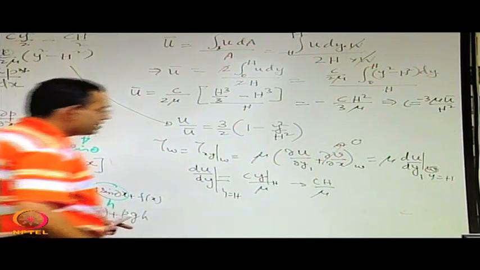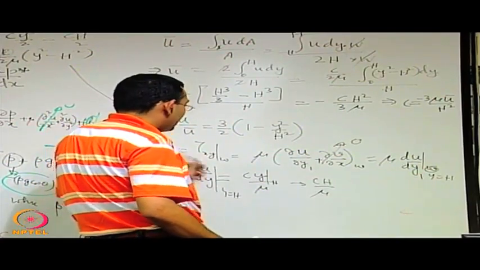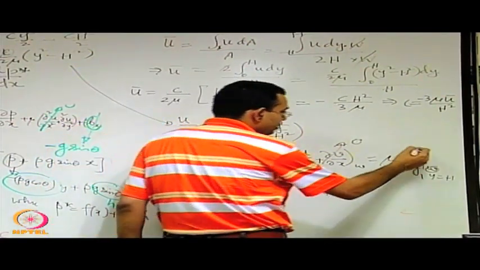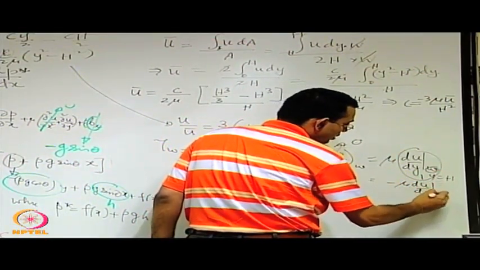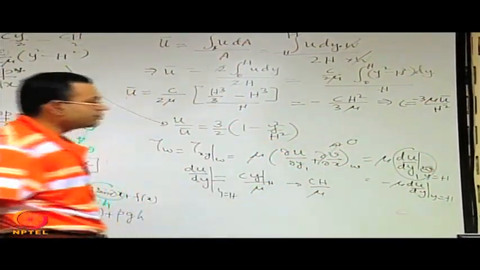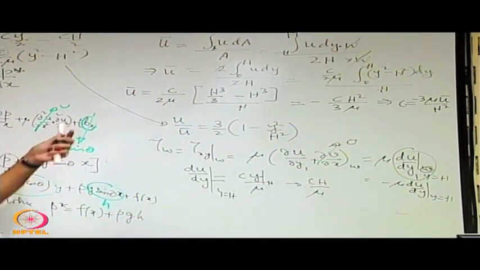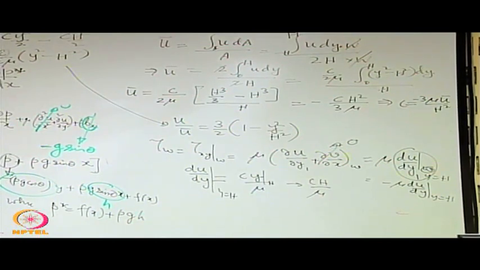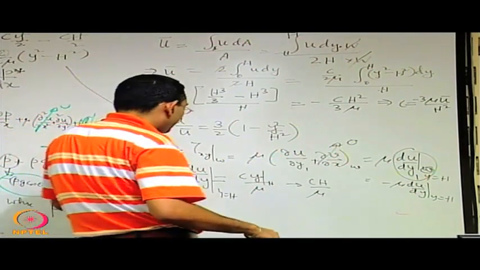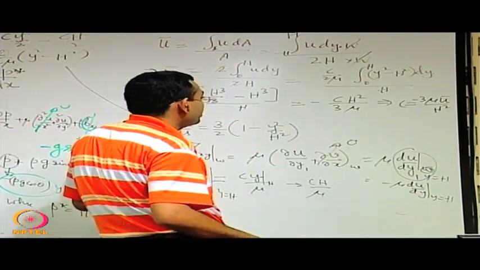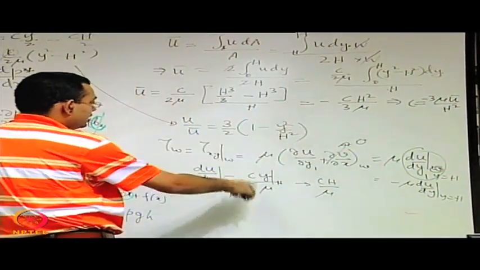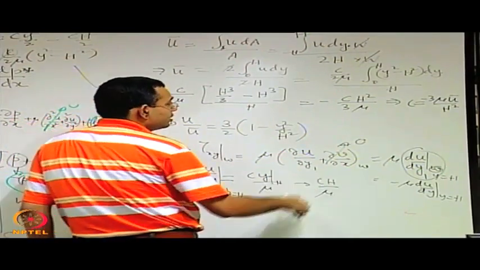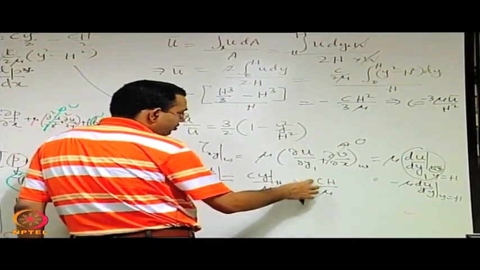So when you write this, it may be written in terms of minus mu du dy at y equal to h, though it is mu du dy1 at y1 equal to 0, that is as good as. So this plus minus sign is with the convention of the normal of the wall. So that means du dy, cy by mu, that is c at y equal to h, that is ch by mu.